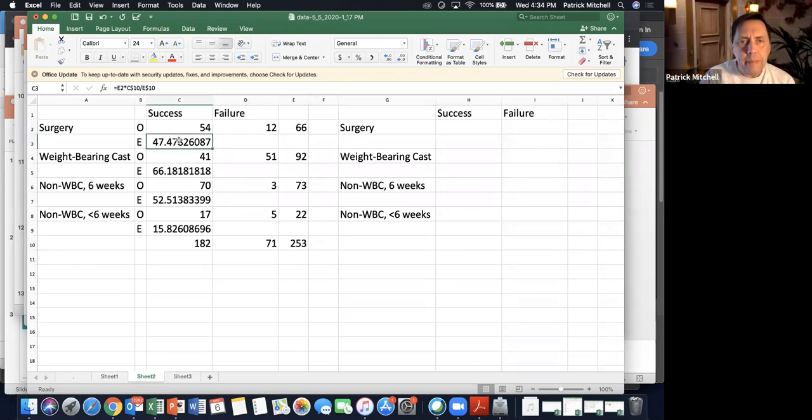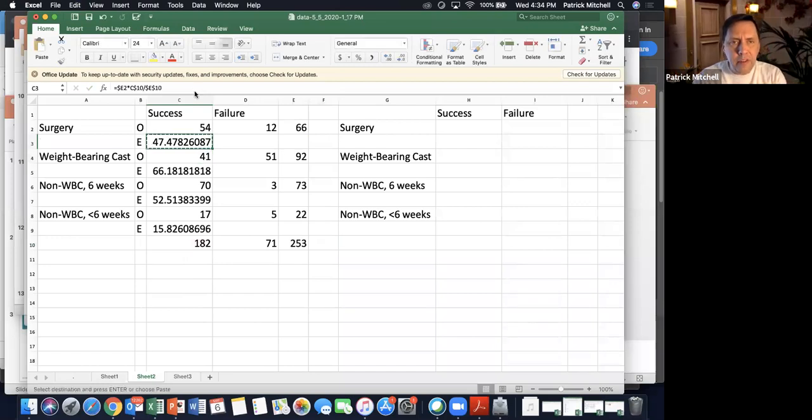So I can make this formula even better by putting a $ in front of the E for the row total. The row total is always in column E, and the grand total is also always in column E. And now this formula is going to work in every single cell that I need it to work in.